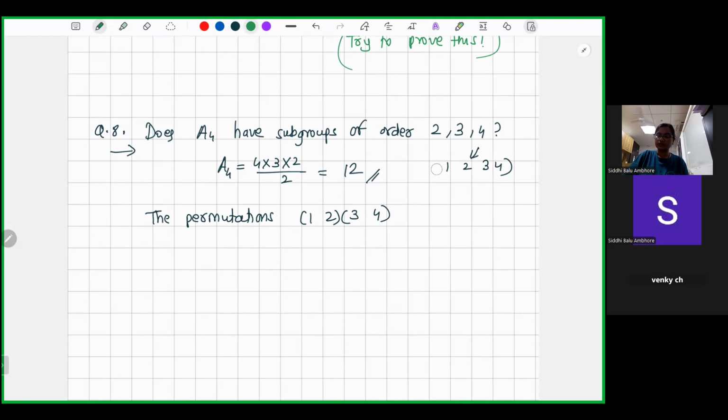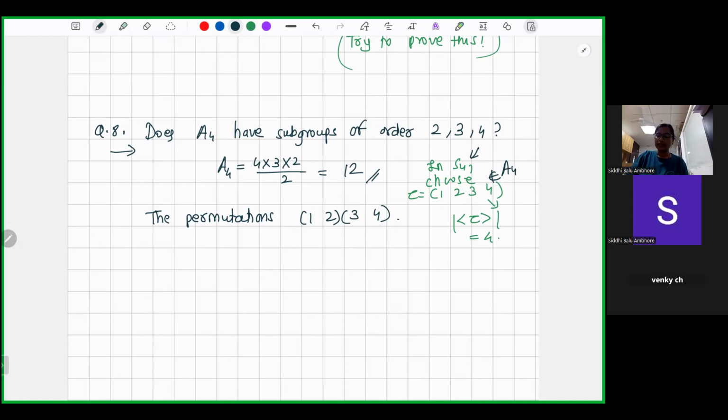The subgroup generated by this cycle has cardinality 4. So it will have a subgroup of order 4 in S4. But note that this does not belong to A4. This is a product of three transpositions, so this is an odd permutation. But we are in A4 and we are dealing with even permutations.